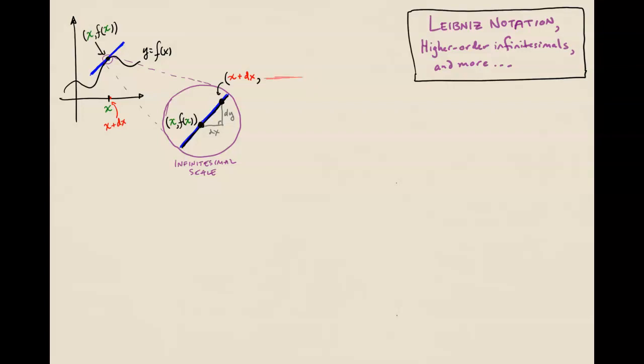Instead of introducing y up here as well, I want to put it in terms of x exclusively, which I can do because I know this point lies on the curve, the black curve here, the graph of y equals f of x. Every point on this curve has the property that its second coordinate is f of its first coordinate. So that means this second coordinate is going to be f of x plus dx, the first coordinate.